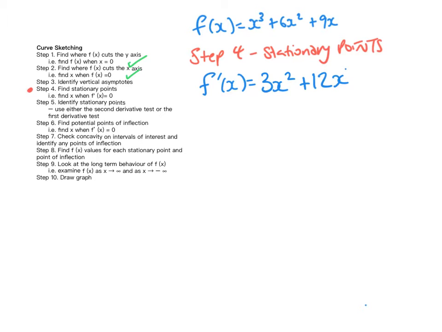The final term is like a linear term, so this doesn't have a higher power than just x to the 1. And what would happen with this, we could go 9 times 1, and then the power would go from 1 to 0, which makes the whole thing 1. So we end up with plus 9.